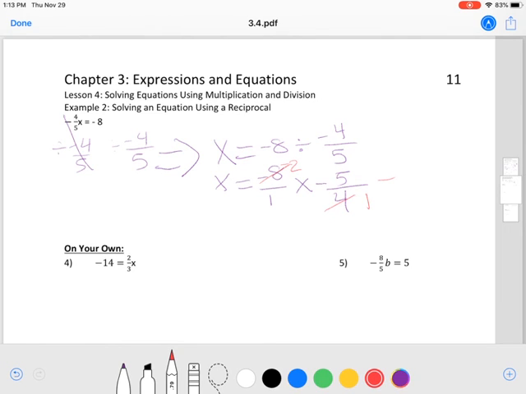So now I can go ahead and multiply across. So I have negative 2 times negative 5. Negative 2 times negative 5 is 10. Over 1 times 1 is 1. And my answer is just 10. So x equals 10.